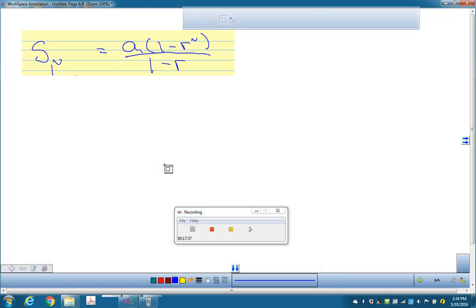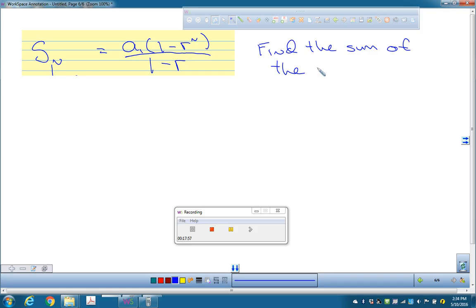And I'm going to say, find the sum of the first 9 terms of this one: negative 5, 10, negative 20, 40, dot dot dot.